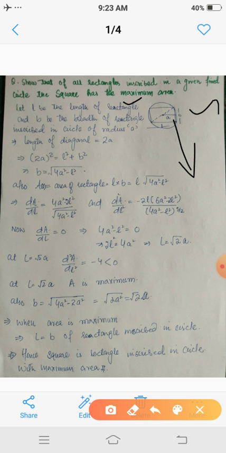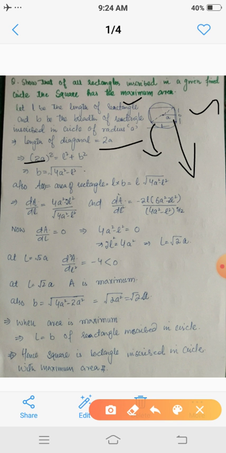Clearly the length of the diagonal of this rectangle is 2a, because the diagonal is the diameter of this fixed circle, which is twice the radius. Also here we get a right triangle. By the Pythagoras theorem, hypotenuse square equals base square plus perpendicular square, so (2a) square equals L square plus B square, or B equals root of 4a square minus L square.